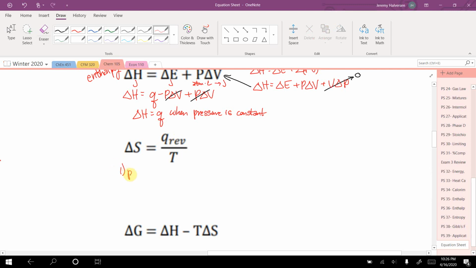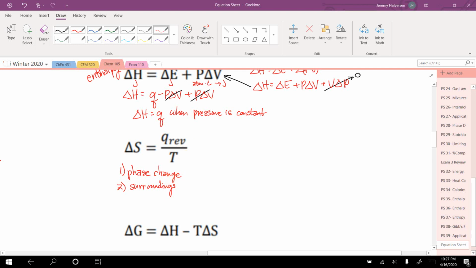For you, that means a phase change, and it means when you're dealing with the surroundings. In other words, situations where you are adding heat to something but the temperature isn't changing, that's a reversible process, and that's when this equation applies.